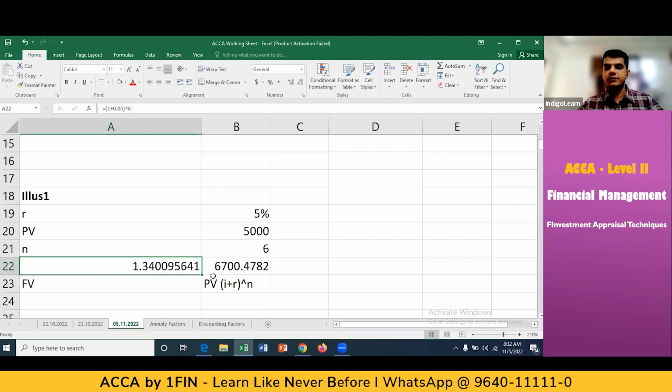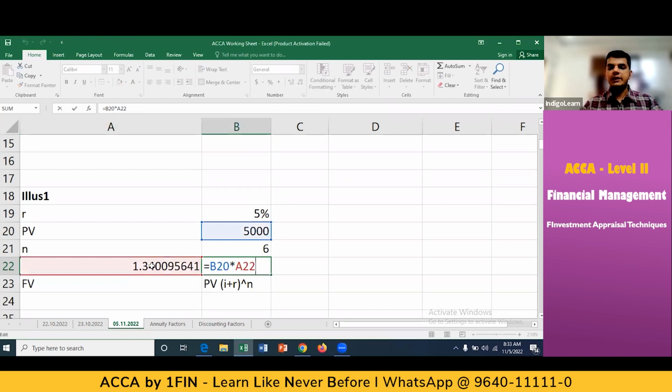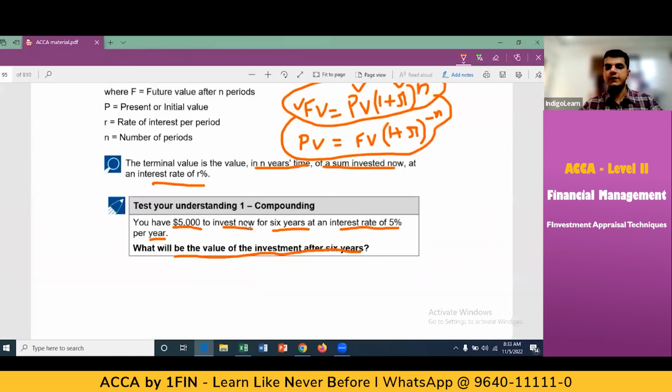Whatever is best for you, you can calculate. Whatever is easy, but you have to remember everything. First is the formula, how to calculate by a formula. Second, how to calculate using a calculator, and third, Excel. So directly we can multiply this future value factor into the present value and we'll get the amount as $6,700. That is the value of the investment that we'll be getting after 6 years.